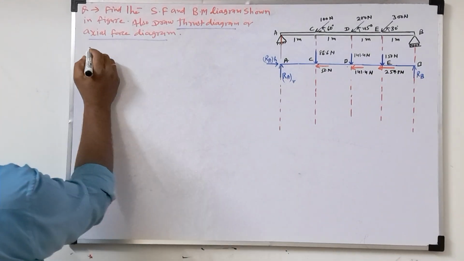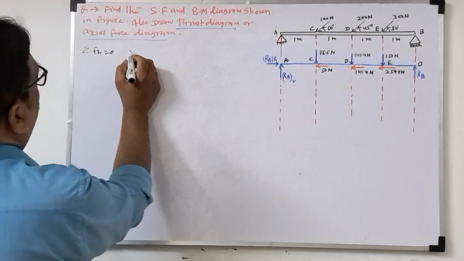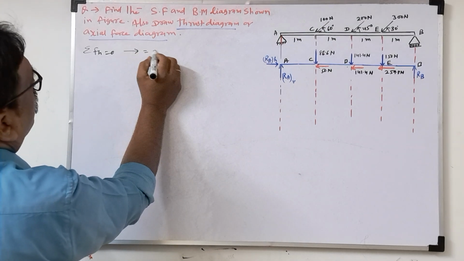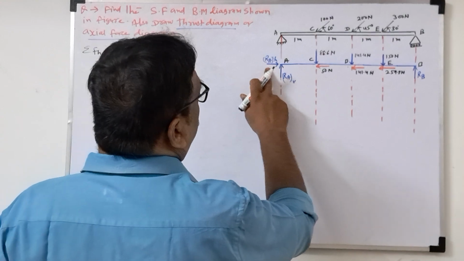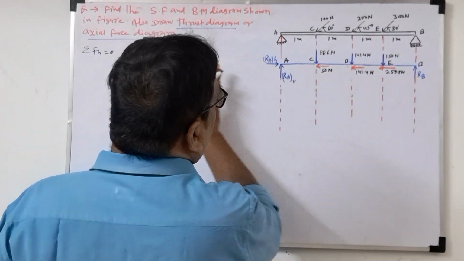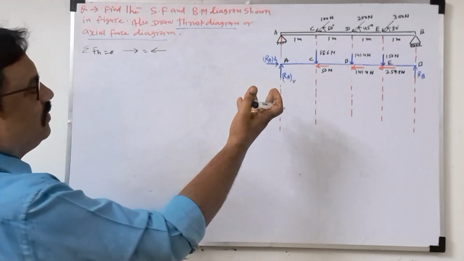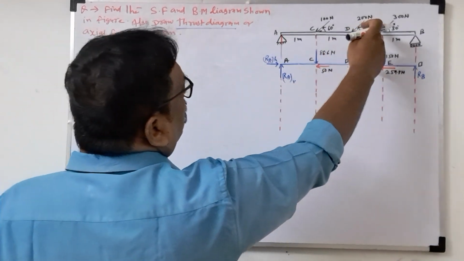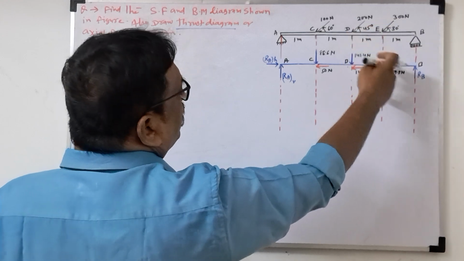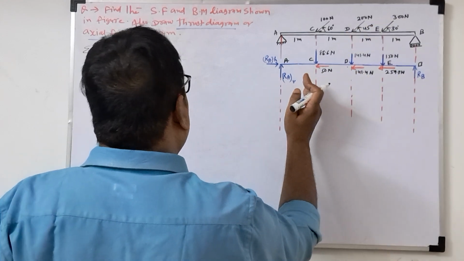First we take the summation of FH equal to 0, that means total leftward force equals total rightward force. We assume this direction because all forces are inclined in the same direction, all coming towards the left. Otherwise the beam would not be balanced.